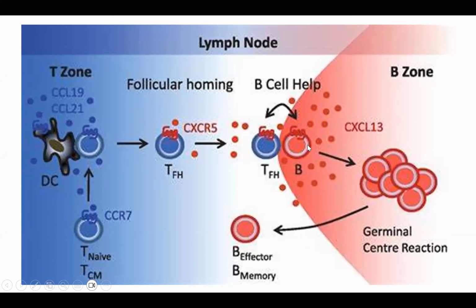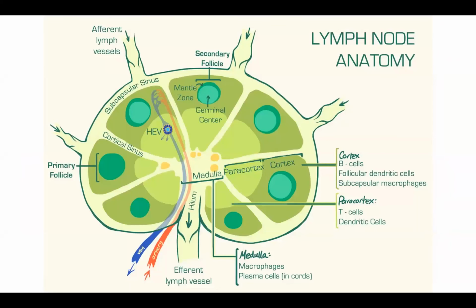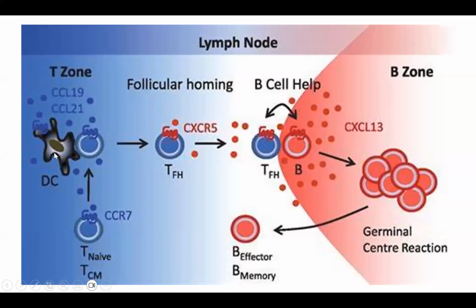And there is actually a little bit of bidirectional communication between B and T that I might go over here. But just keep in mind, T zone, you have a dendritic. Remember we said we had dendritic cells in that paracortex. In these dendritic cells, there's an antigen that's being presented to the T cell, and there's this activation taking place.